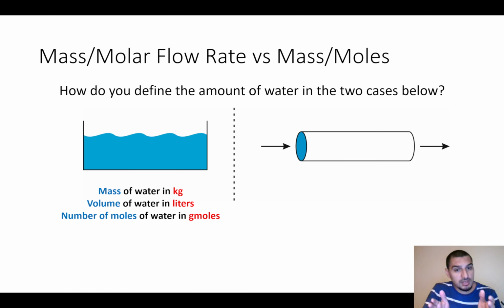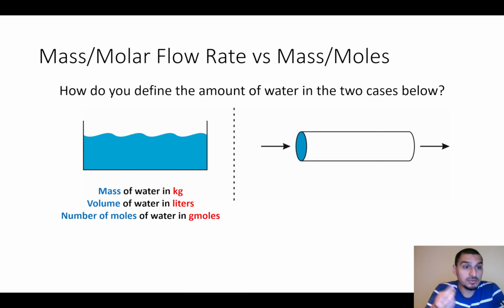The water is going to be drained and replaced by another amount of water after 1 minute, after 2 minutes, whatever the amount of time, but it's not the same. So if I want to define the amount of water that I have here now, it's going to be different from the amount of water that I have later, because the water I was talking about is not here anymore. And this is because the amount is changing with time.